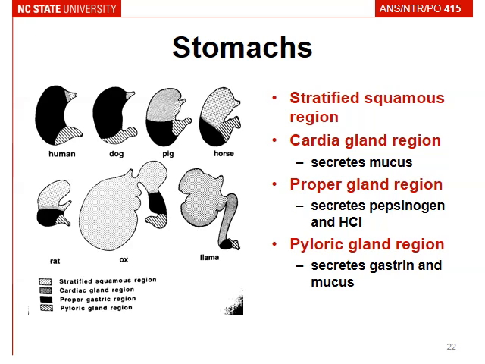The next region, with this slightly more dense dotted area, is the cardiac gland region. Here it's pretty small in the human and the dog. It's pretty significant in the pig. This is where the animal is actually secreting the mucus.